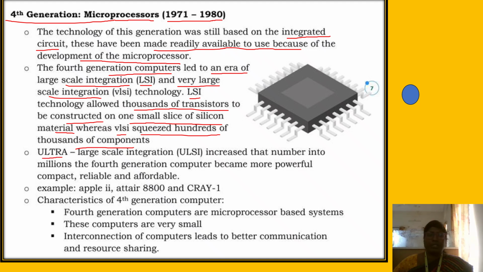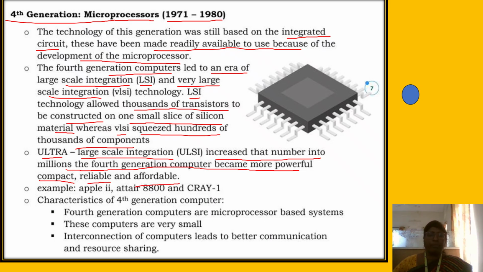And ultra large scale integration, ULSI, increases that number into millions. The fourth generation computers become more powerful and also compact, reliable and affordable.